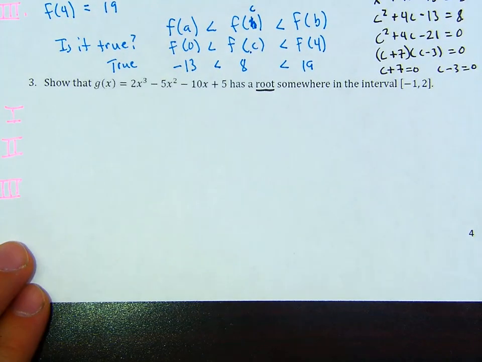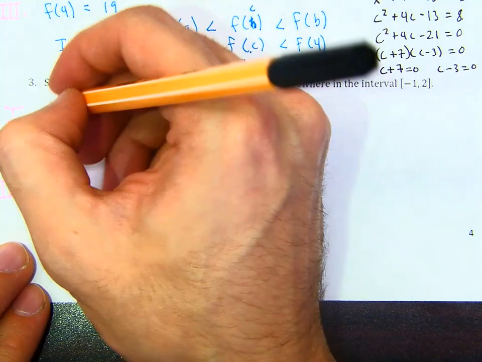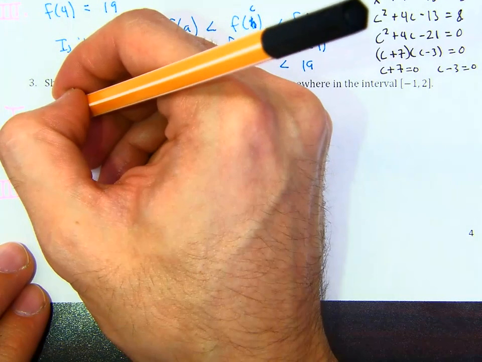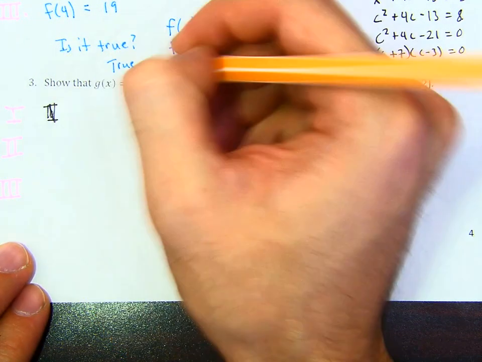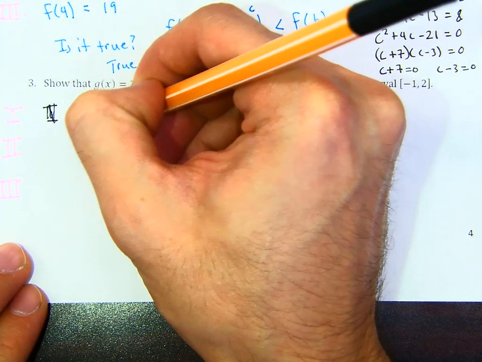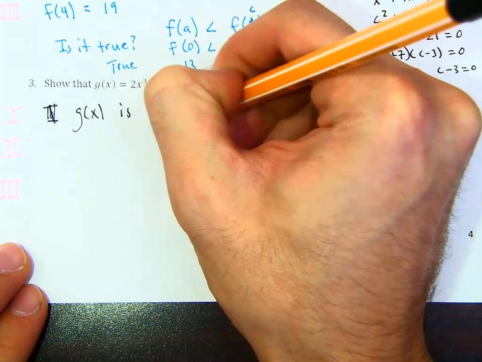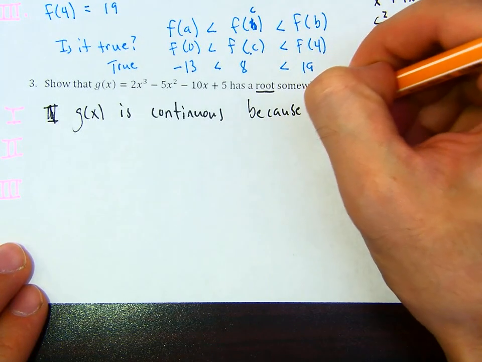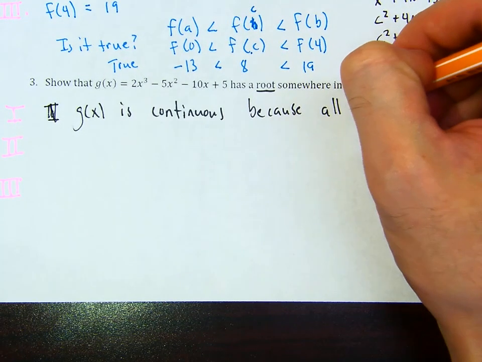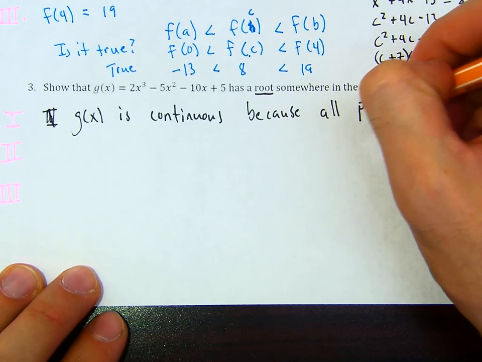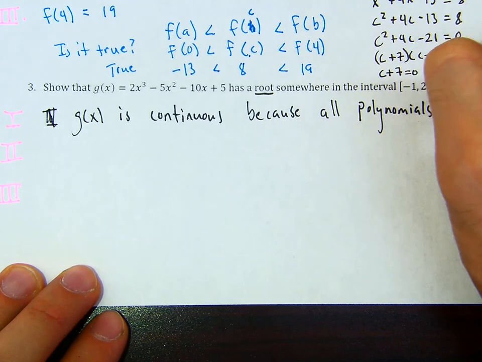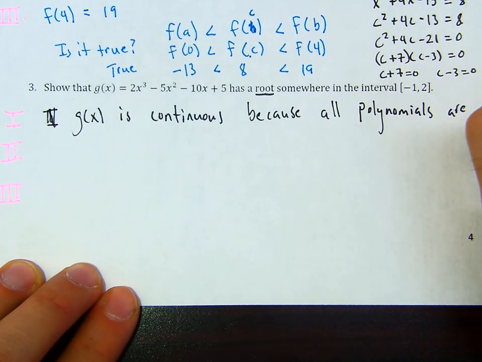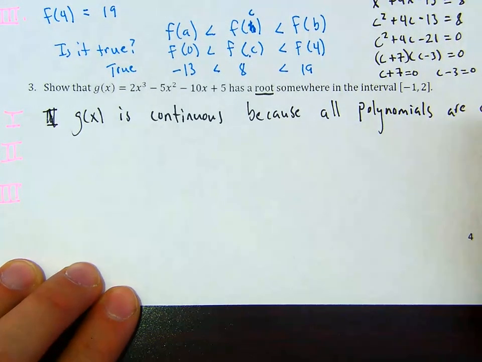Okay, so here let's see, is it continuous? g of x is continuous because all polynomials are continuous. Let's see the next one.